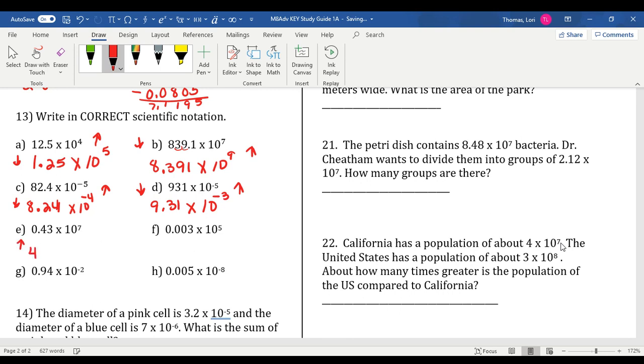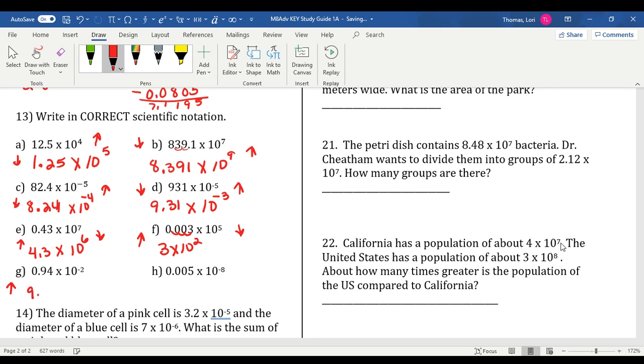Here I'm going to go up on the left. So we're going to go down on the right. We're going to go up, moving it 1, 2, 3. I have 3 times 10. So I went up 3. I want to go down 3 here to the power of 2.